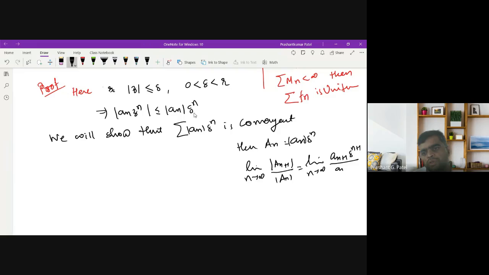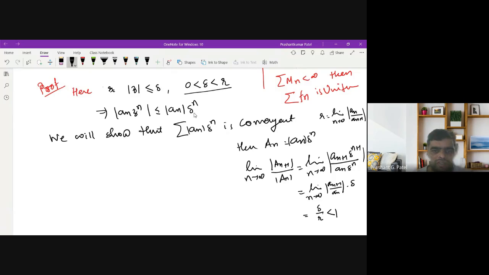So this will give limit n tends to infinity, mod of a_{n+1} upon a_n, times delta. But what is limit of a_{n+1} upon a_n? Because R is the radius of convergence, the value of R is limit n tends to infinity, mod of a_n upon a_{n+1}. So a_{n+1} upon a_n is 1 upon R. So the limit is delta upon R, and this is less than 1 due to this condition.